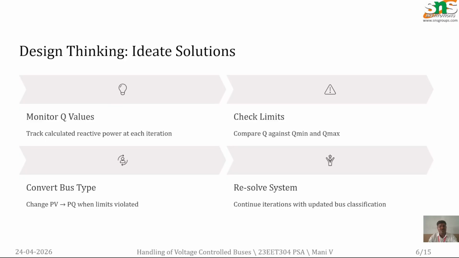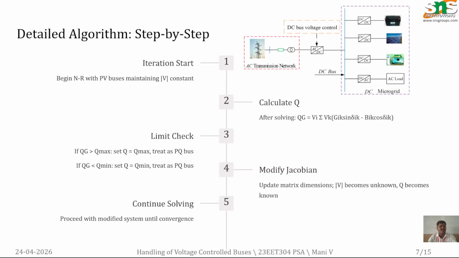Second, we compare the calculated reactive power against the limits, that is the minimum reactive power and the maximum reactive power, to check whether it is within the limit or violating. Third, we convert the PV bus into a PQ bus when the limit gets violated. And again, we resolve the system over a number of iterations with the updated bus classifications. So this is the detailed step-by-step algorithm.